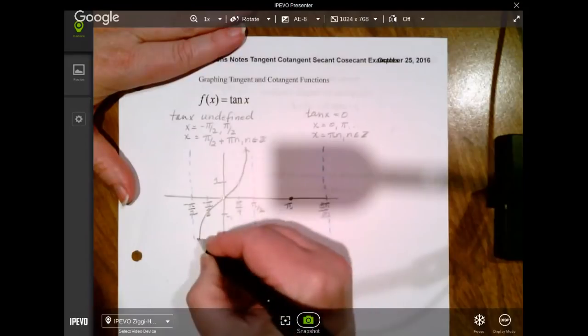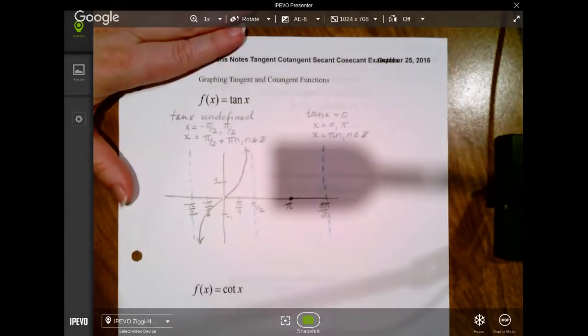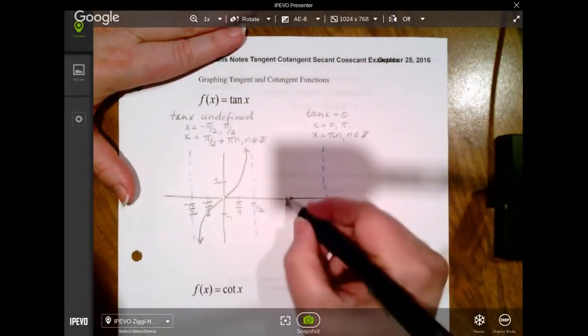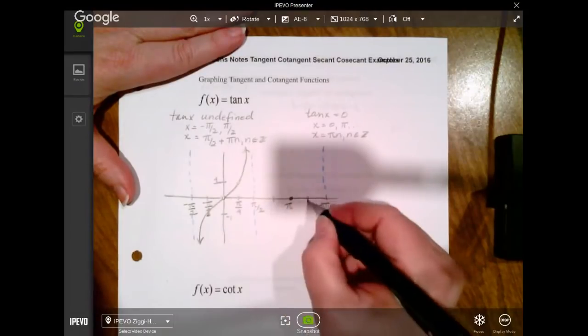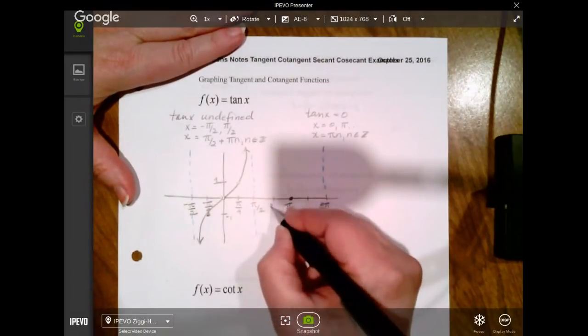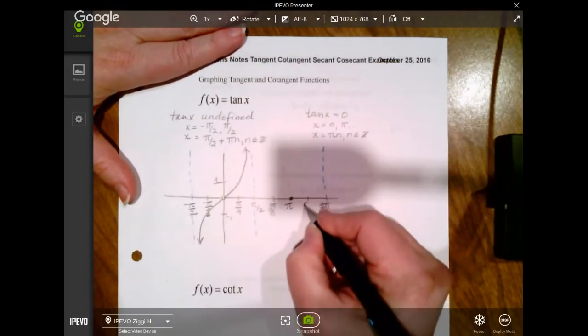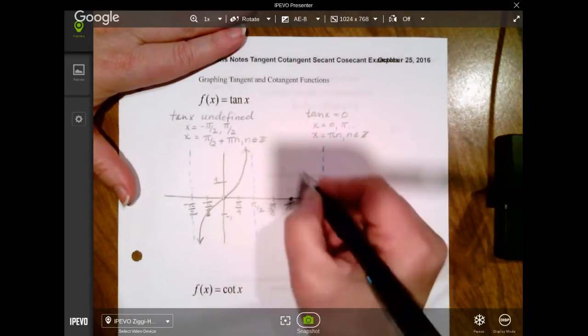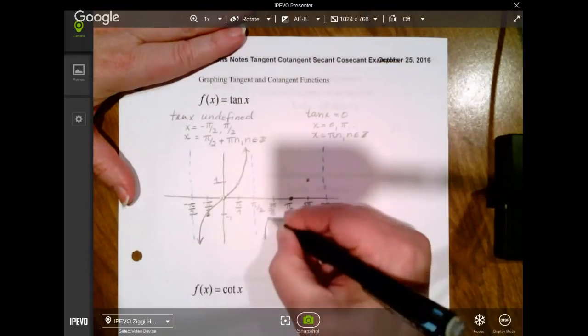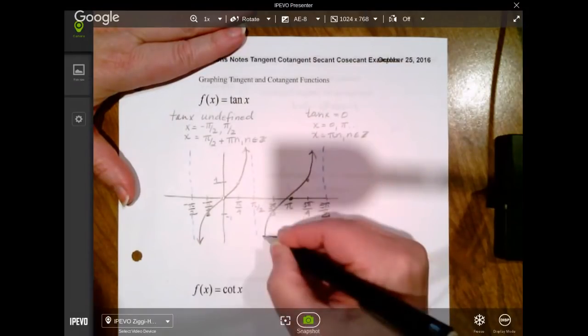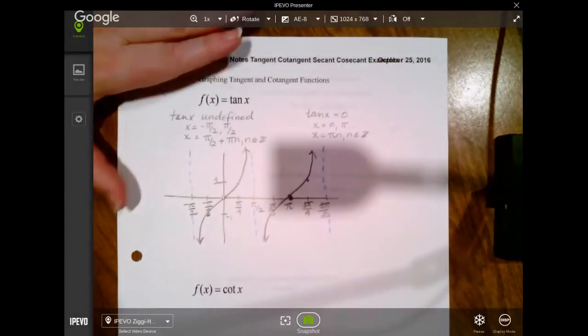So that's one period of the tangent function, and it's going to repeat itself. At 3 pi over 4, the tangent is negative 1, and at 5 pi over 4, the tangent is 1, and there's the second period of that. I should have gone through that point.